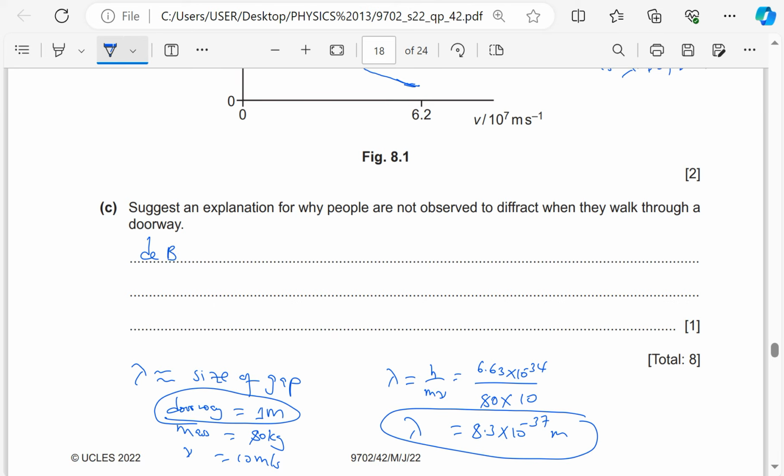So I'll say the de Broglie wavelength of a person is negligible compared with the width of a doorway, so diffraction is not observable.